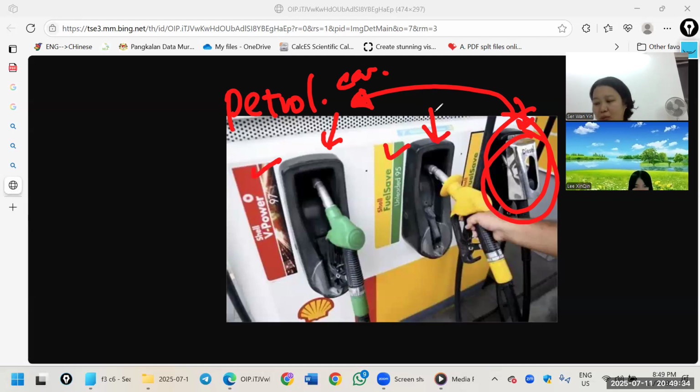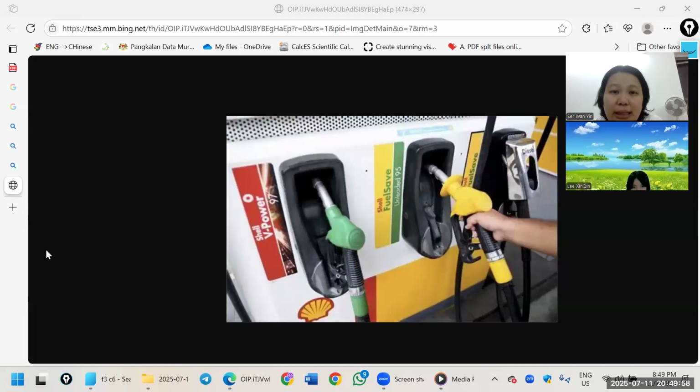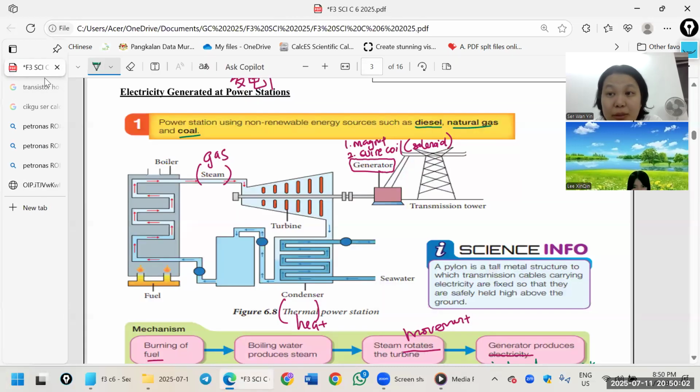If not, your engine will burn. Very rare, but in case this happens, maybe not you, your friend, stop them from starting the engine. Directly call parents. If no parents, you can also ask for help from the workers at the petrol station.